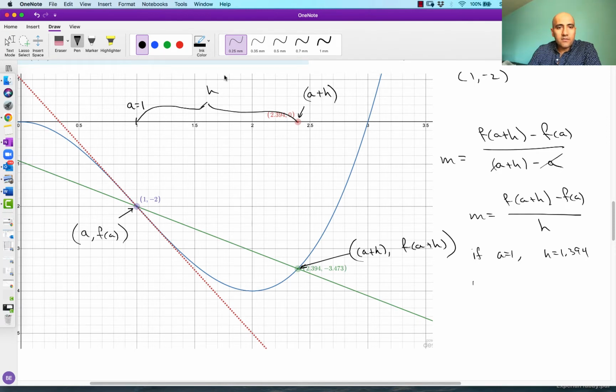As h approaches 0, and for the simplicity of my picture here, let's just say that it approaches from the right-hand side, so it's always positive. And so that means that this dot right here is going to get closer and closer to that point there. And as that happens, its corresponding value along the function is going to travel along the function and get closer and closer to this dot, right?